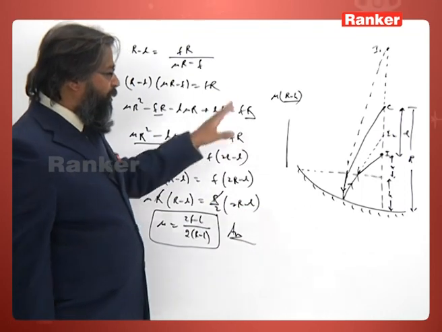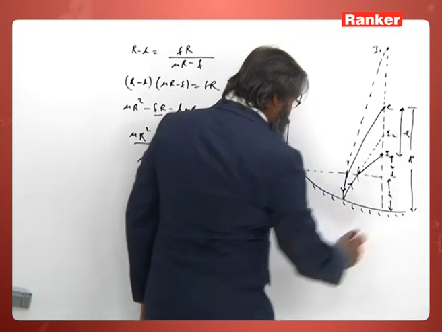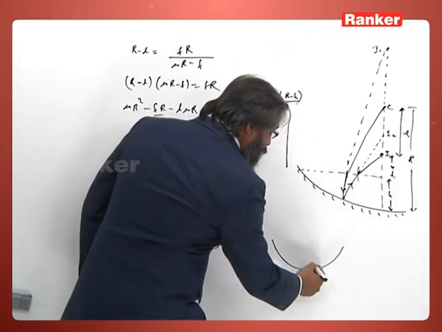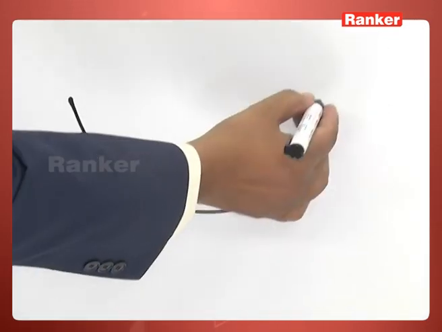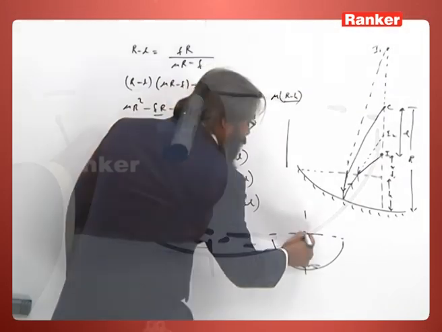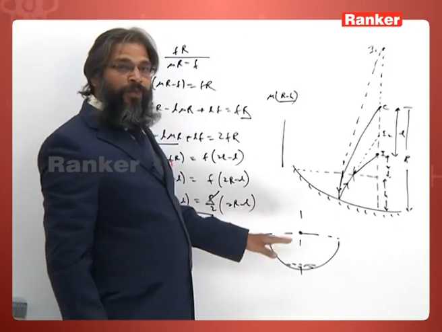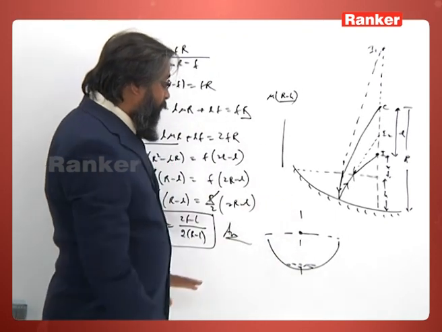So the interesting part of the problem was that this was a mirror in which there was water, and the object is placed where we don't know. We have to find out where the object is and what the μ is.